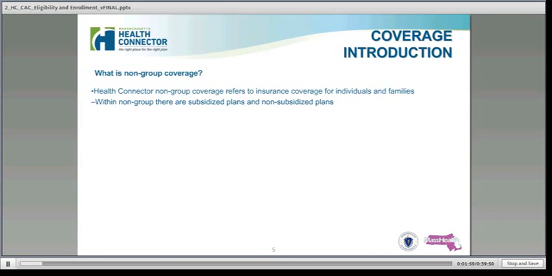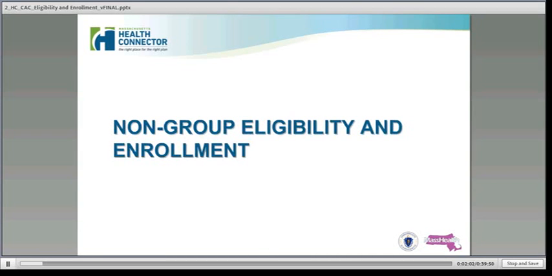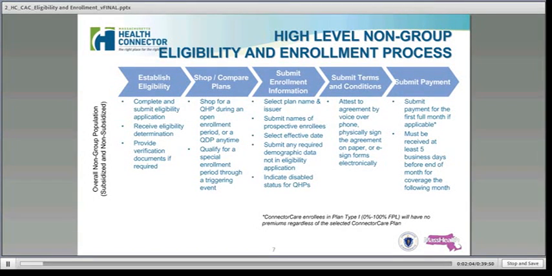So on slide 7, I think folks are pretty familiar with this process, but there are a couple of important things to note. Basically, what this chart is showing you is each of the steps that a consumer is going to need to take before they can become enrolled in a health insurance plan. First and foremost, we need to establish eligibility, and then consumers need to shop and compare plans.